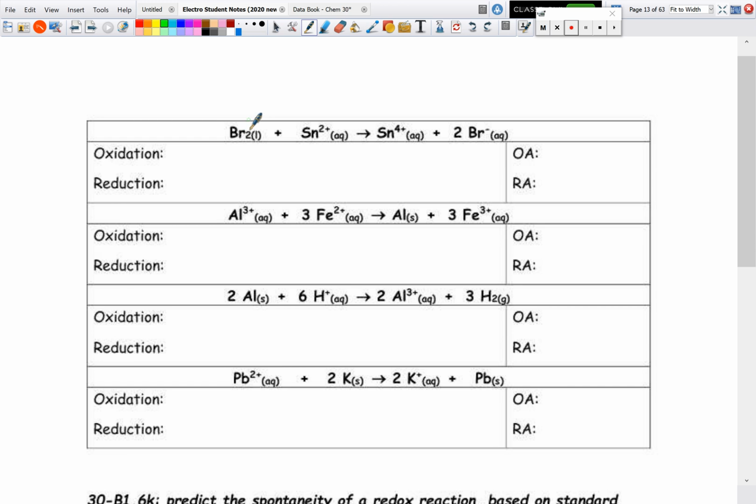You can tell Br2 is going to Br minus. As an element, it has a 0 charge. Over here, it has a negative charge, so it is reduced. Whereas Sn2+ going to Sn4+ is oxidized. So we can write in our oxidation and reduction half reactions.